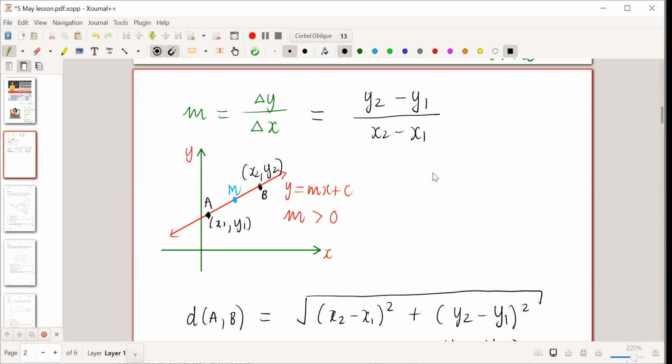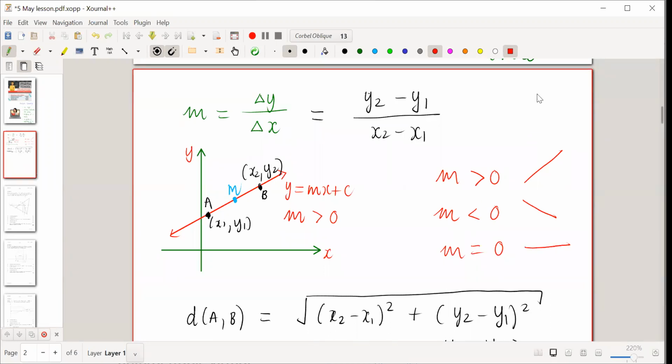So remember that in summary in here, we've seen that the gradient can be positive, right? That indicates that the line is rising, okay? Meaning that as x increases, so does y. If the gradient is negative, the line falls. So as x increases, y decreases. And we can have that the gradient is 0, which means the line is horizontal.